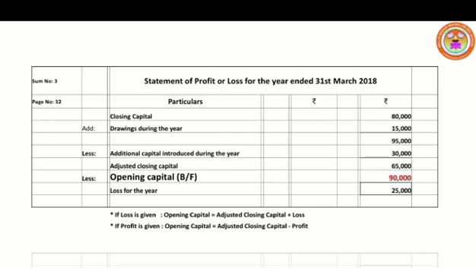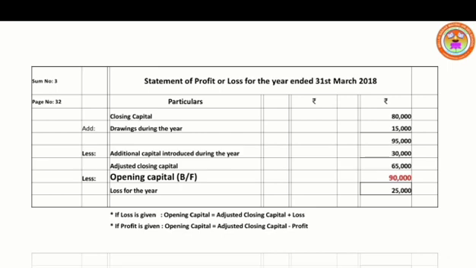In the question, if loss is given, opening capital equals adjusted closing capital add loss. Suppose profit is given in the question, opening capital equals adjusted closing capital minus profit. In this sum, loss is given.